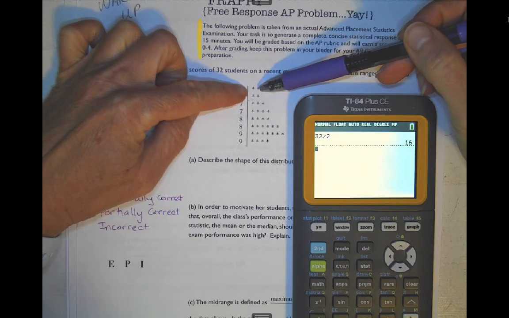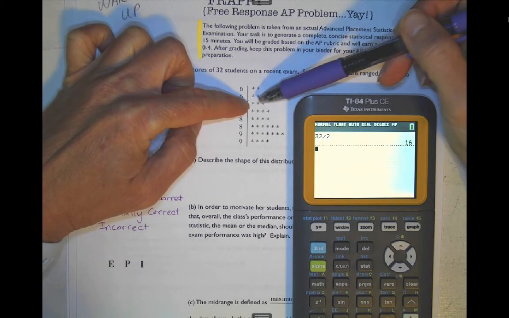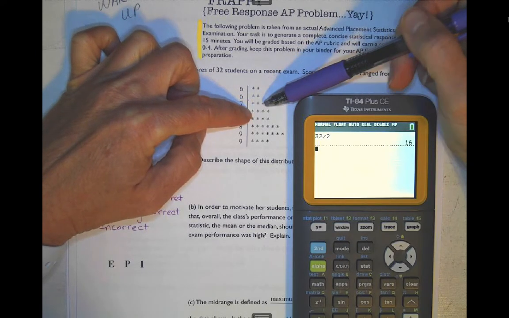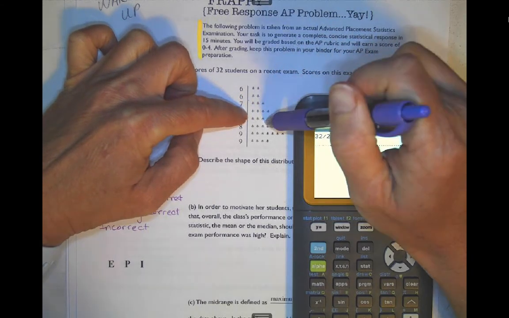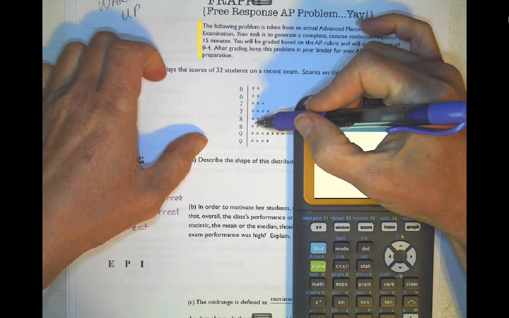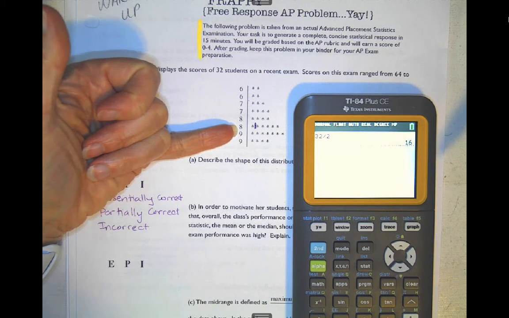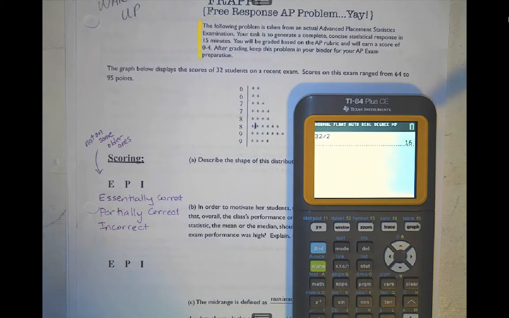So if I count here, 2, 4, and then I have 6, 8, 10, 12, 14, 15, 16. So the median is probably right around here. So it's in the, and this is an expanded stem and leaf plot, so it's probably around 85, maybe it's 86, but it's definitely in that mid 80s.